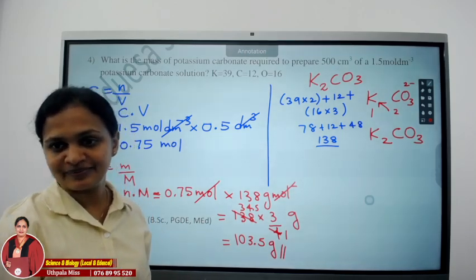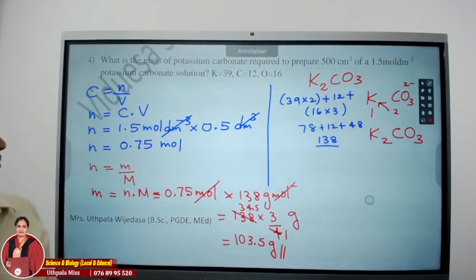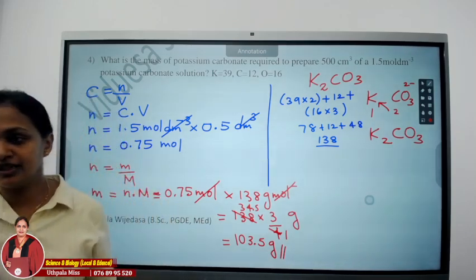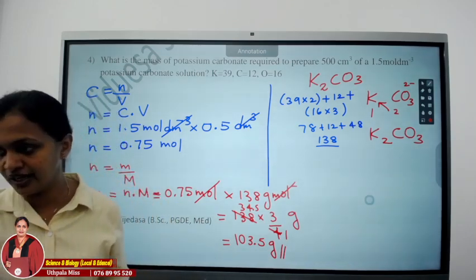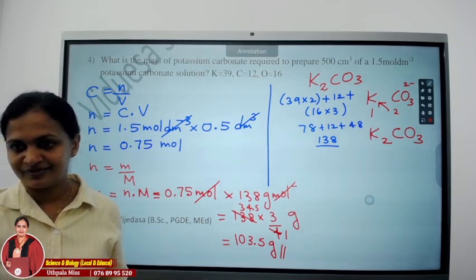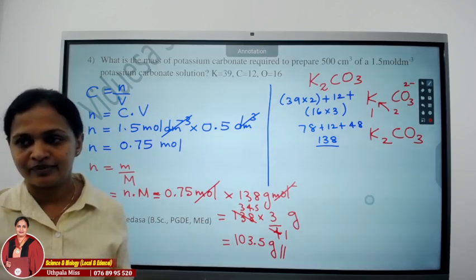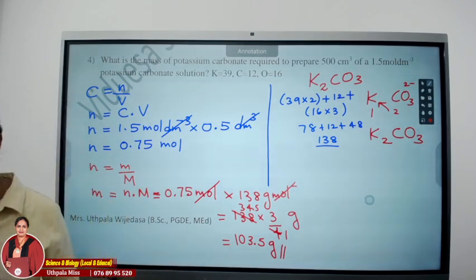Right? Alright, so what is the mass of potassium carbonate required? That is 103.5 grams. I think the majority of you have got the answer. You will get this type of calculations in the question paper.